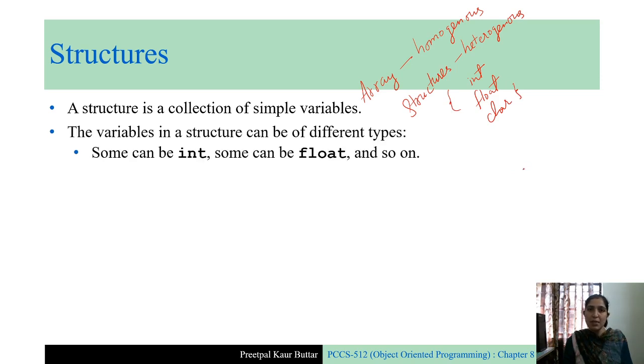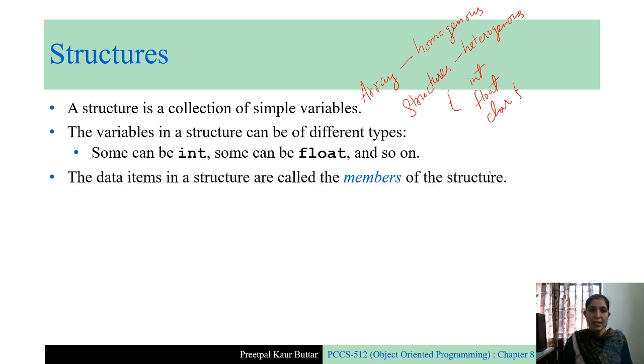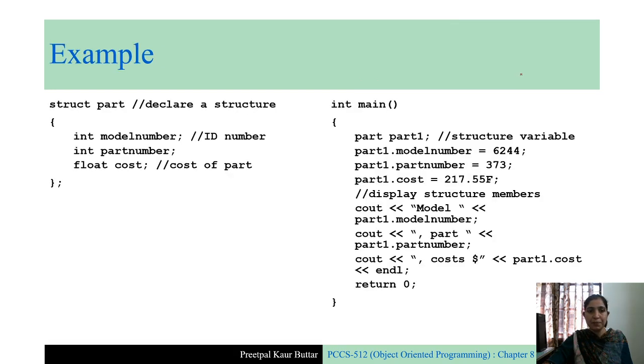Some variables can be int, others can be float. These data items in a structure are called the members of the structure. So this structure has one integer member, one float member and one character member, right?